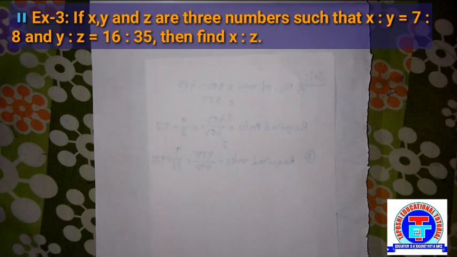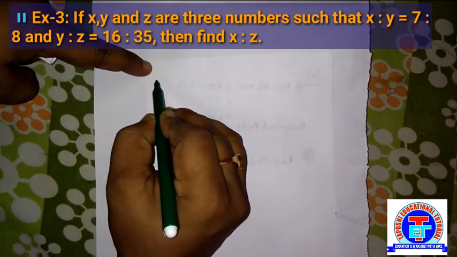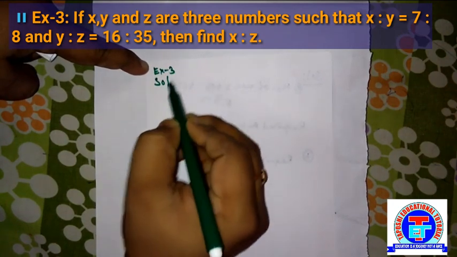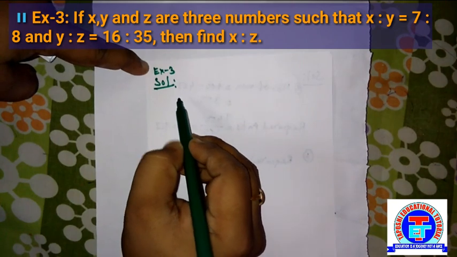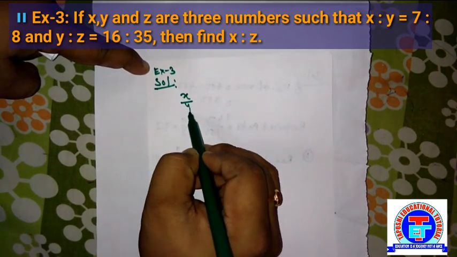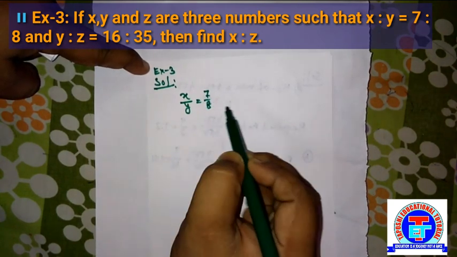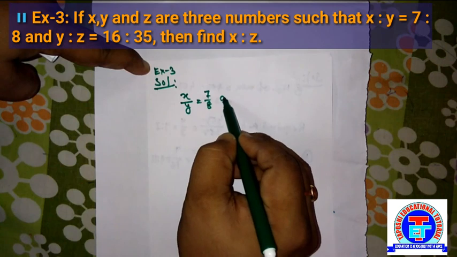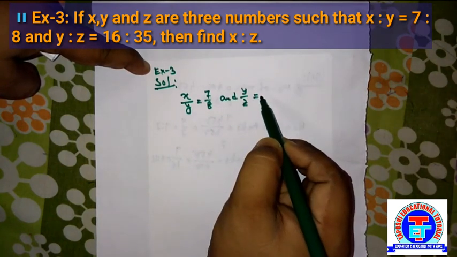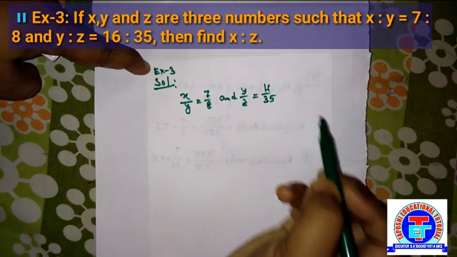Let's see how to solve this problem. First of all, we write according to the question. Solution: x by y is equal to 7 by 8, and y by z is equal to 16 by 35.